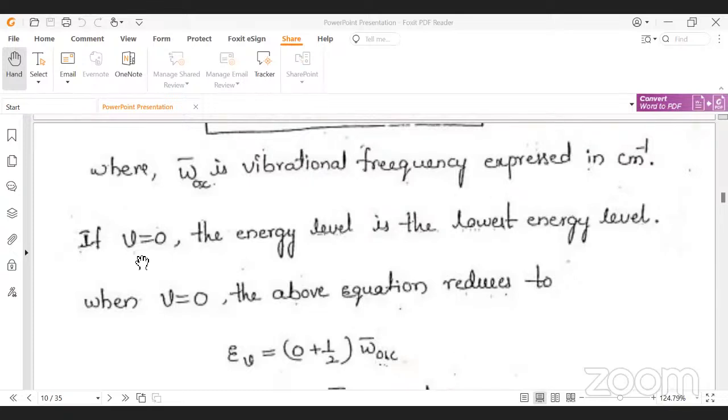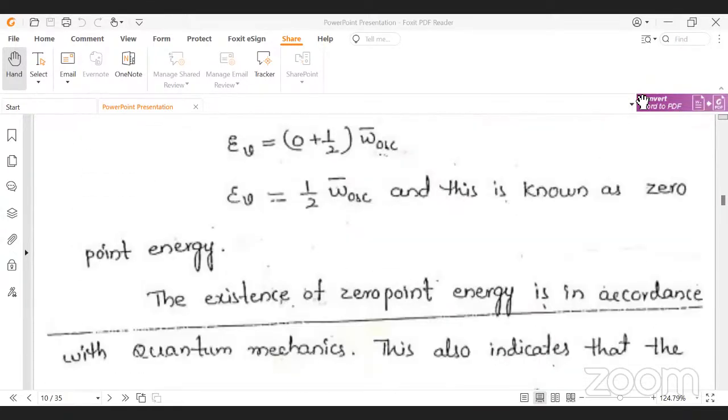If v is equal to 0, the energy level is the lowest energy level. When v is equal to 0, the above equation reduces to E equals (0 plus 1 by 2) ω oscillation, which is known as the zero point energy.